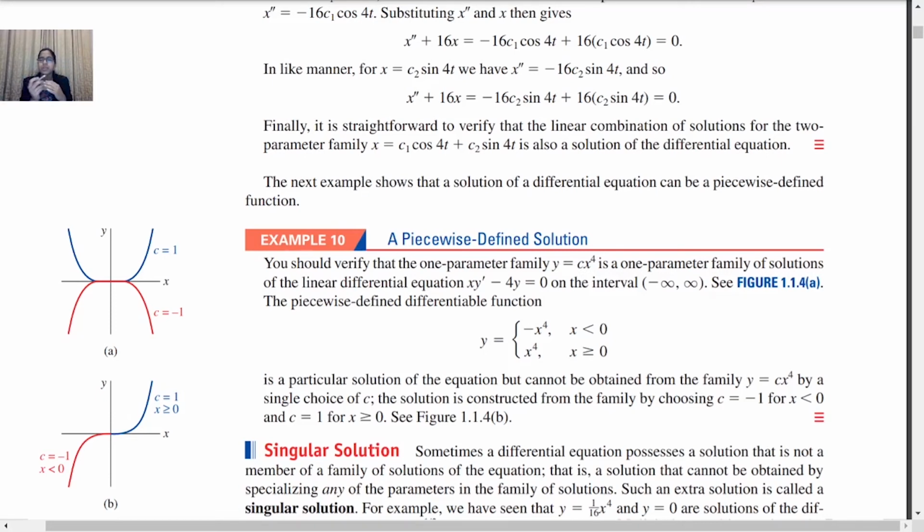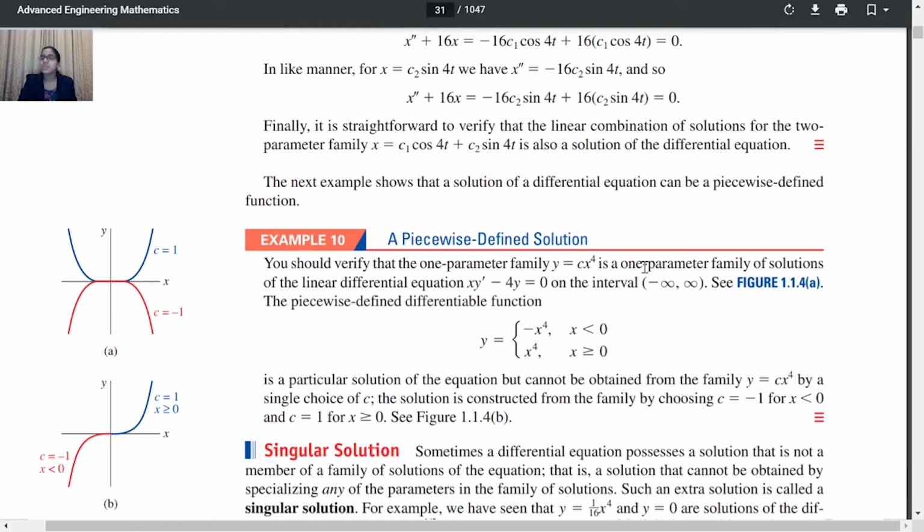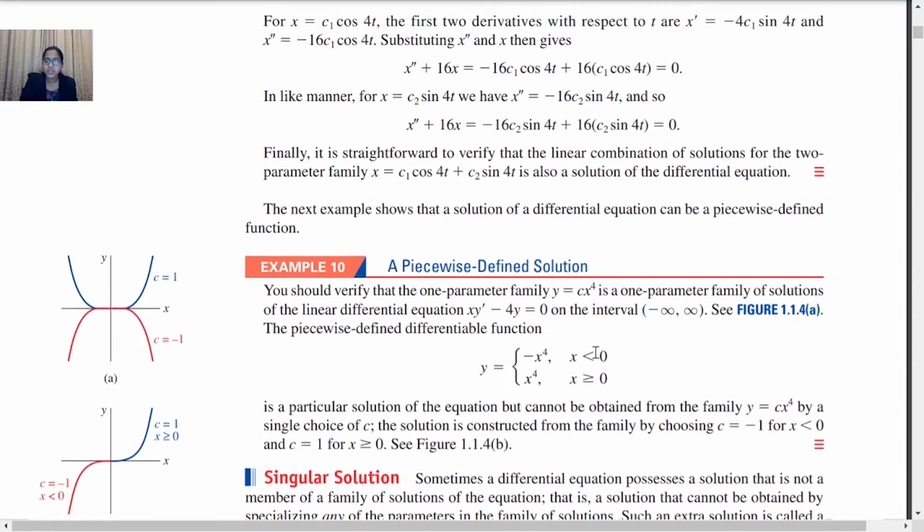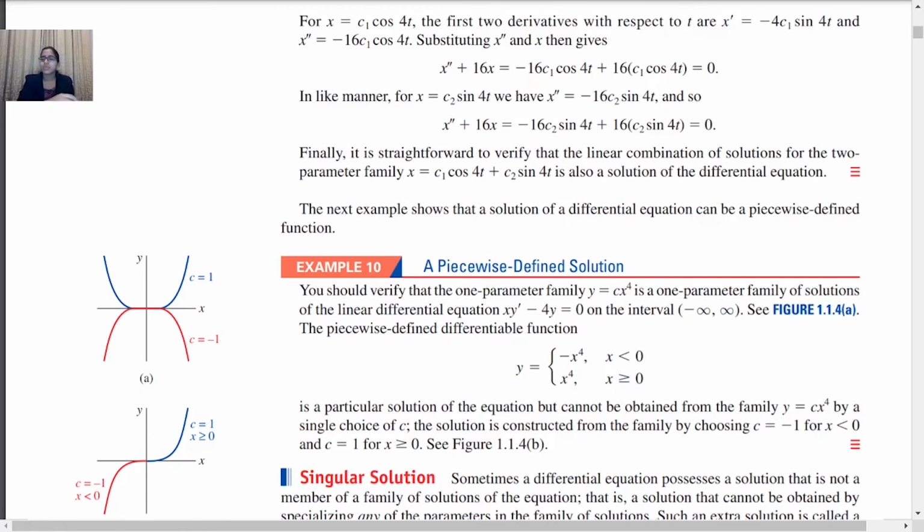That is not possible. But it is a solution of the differential equation: y equal to minus x raised to 4 when x is less than 0 and x raised to 4 when x is greater than or equal to 0 is actually a solution in this particular interval. But we cannot obtain this solution as a member of this one parameter family of solutions.